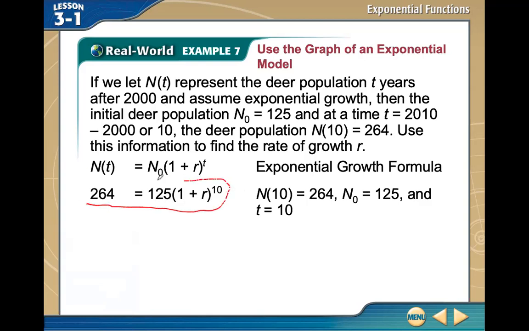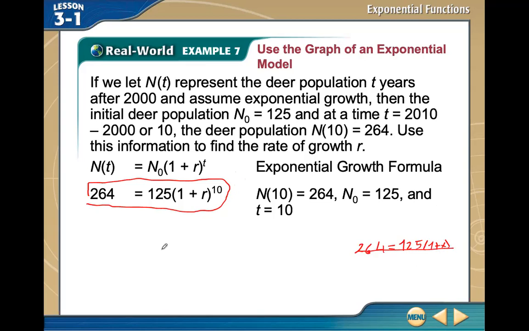Now the problem is this: how can we find r? If 264 is equal to 125 times 1 plus r, it's easy to find. Why? This is a linear function, a first degree function. It is simple, but we don't have this. We have 1 plus r to the power of 10. Since we have the power of 10, what can we do?